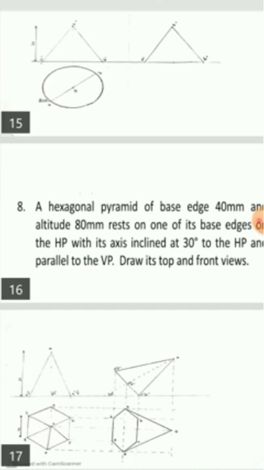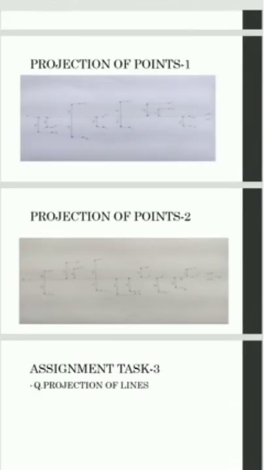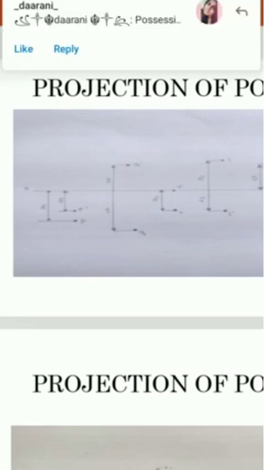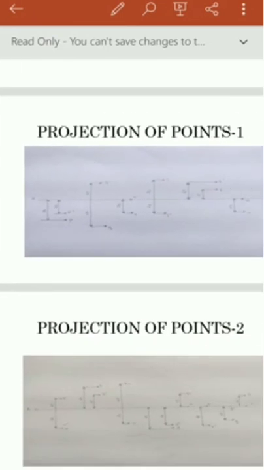Given that the base on HP is inclined 30 degrees to HP and parallel to VP. The projection of points is the basic one, for which we are drawing just a point. We are drawing a line. Now, just imagine taking two papers, HP and VP.